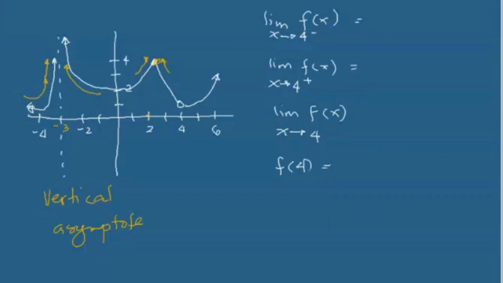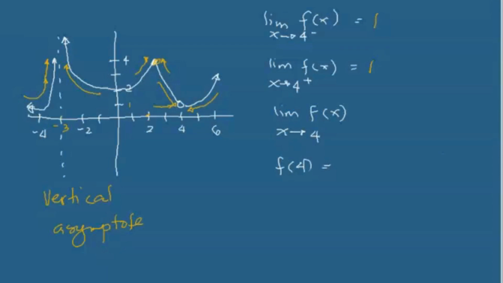Find the limit of f of x as x approaches 4 from the negative side. So from the negative, going here, left-hand side, it's approaching 1. It's 1. And find the limit of f of x as x approaches 4 from the right-hand side. So here, that is also 1.